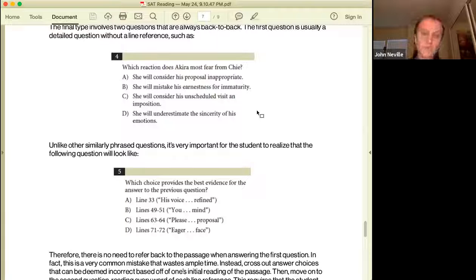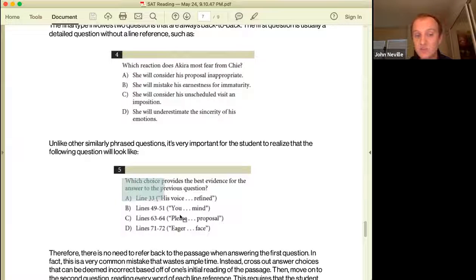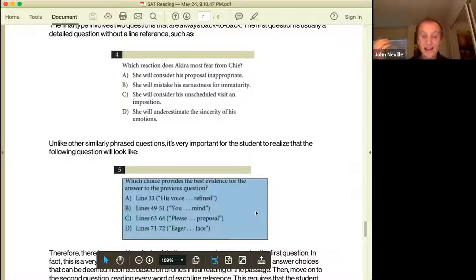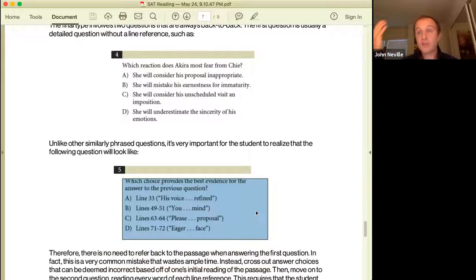Also, I have seen the SAT be very, very mean in the fact that the last question on one page will be the first question in a command of evidence pair. And then the next question on the next page will be this sort of line reference question. That's mean, right? Because even when I was taking that practice test myself for the first time, I treated the first question in the pair like it was just a regular question.